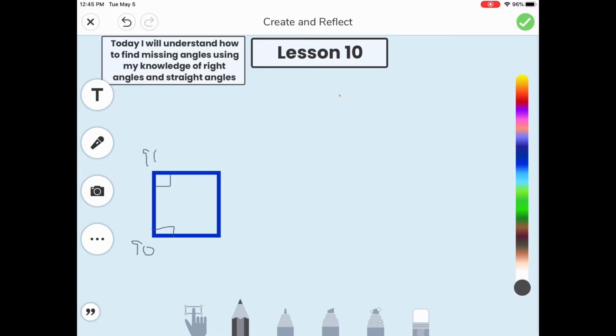In a square, we know that a square has 4 90-degree angles, like you see here. A square has right angles.